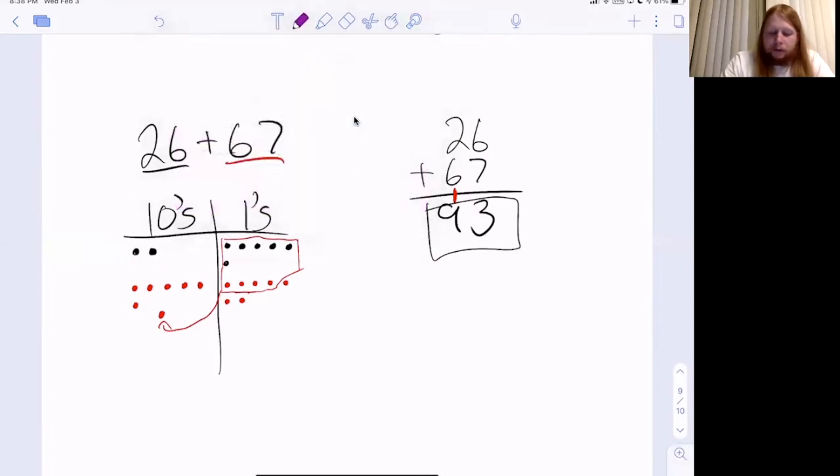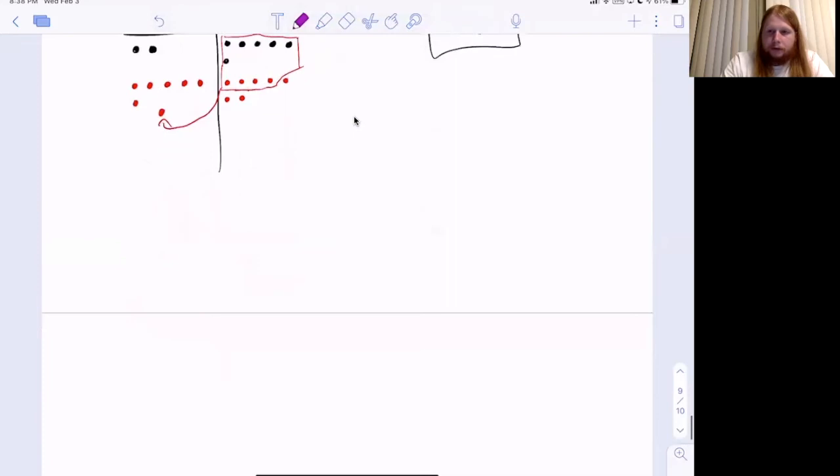Now, what I want you to do is answer this question, okay? If you're answering in your notebook, you're going to draw a square around it. If you're answering in your Seesaw, you're going to draw it with a purple pencil. And the question I'm going to ask you isn't even related to math. And if you want to, you can record your answer too.